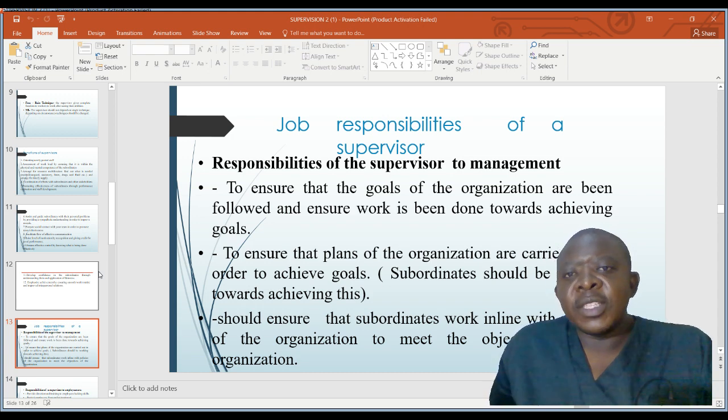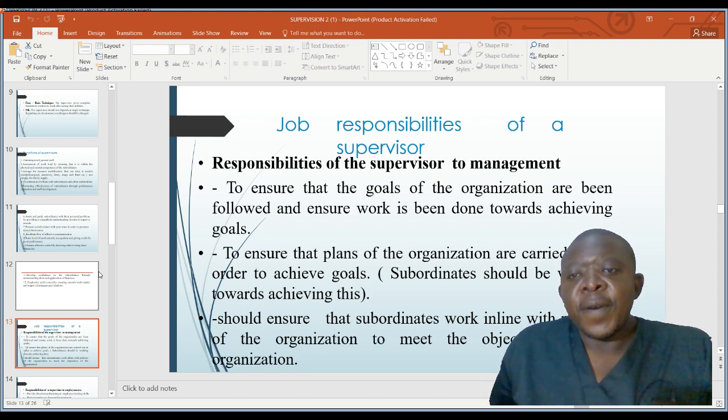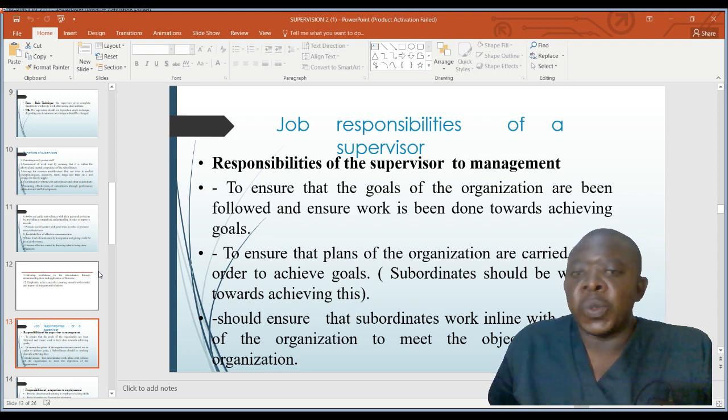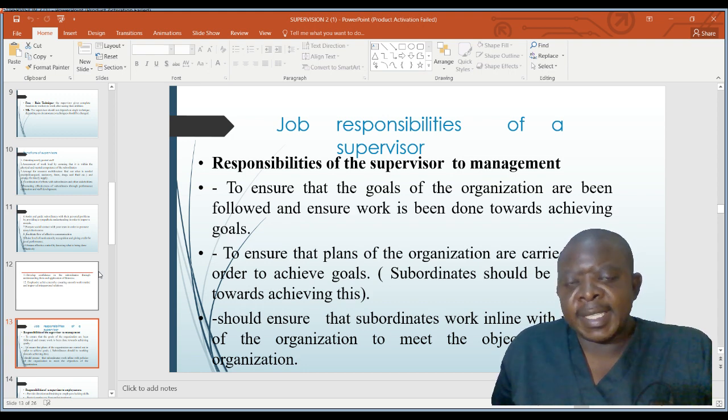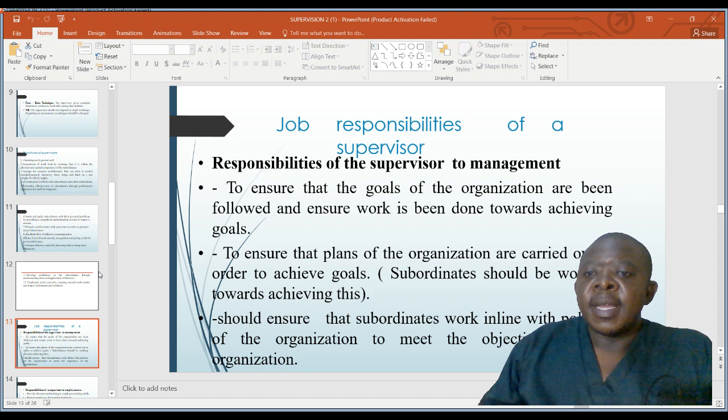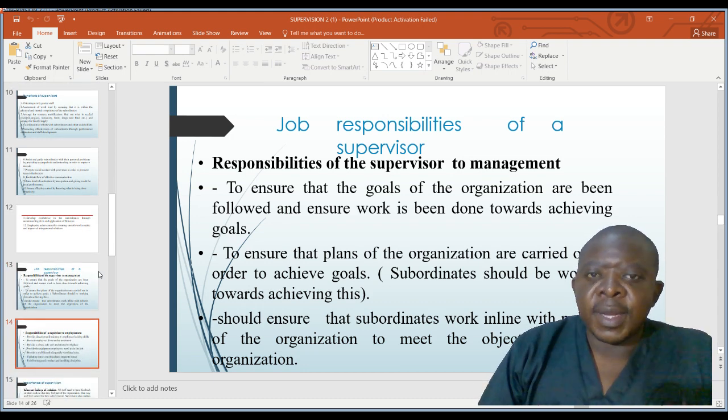The other responsibility of the supervisor is to ensure that the plans of the organizations are carried out in order to achieve goals. That is, subordinates should be working towards achieving this goal of the organization. The other responsibility of a supervisor is to ensure that subordinates work in line with policies of the organization to meet the objectives of the organization.